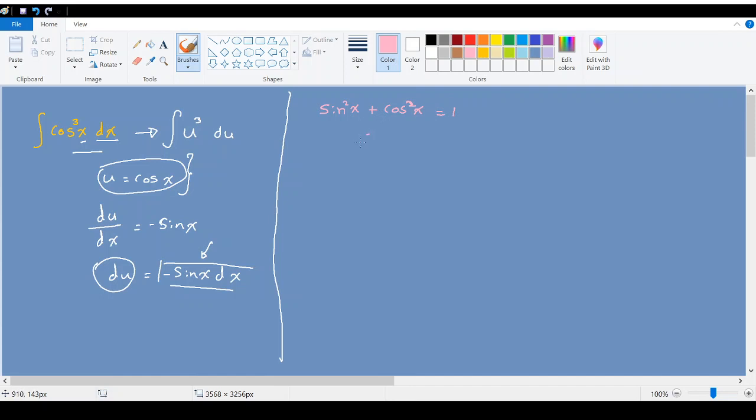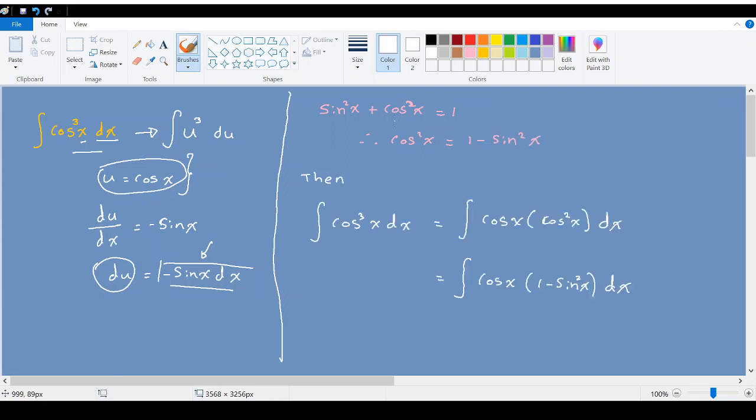Therefore cos squared x will be equal to 1 minus sine squared x. So now in the original problem, we can rearrange it like this.